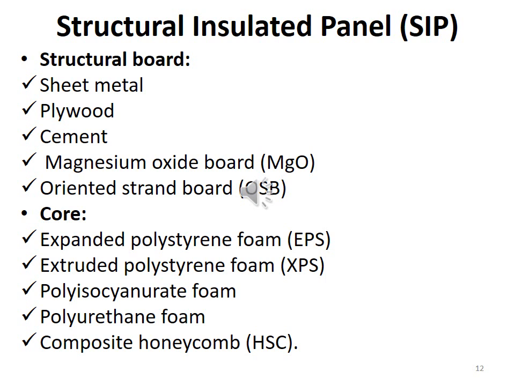However, the most commonly used structural insulated panels are made of OSB, oriented strand board panels, which are sandwiched around a foam core made of expanded polystyrene EPS, extruded polystyrene, or rigid polyurethane foam.